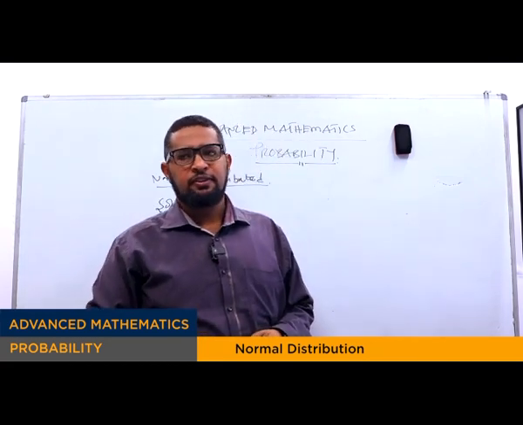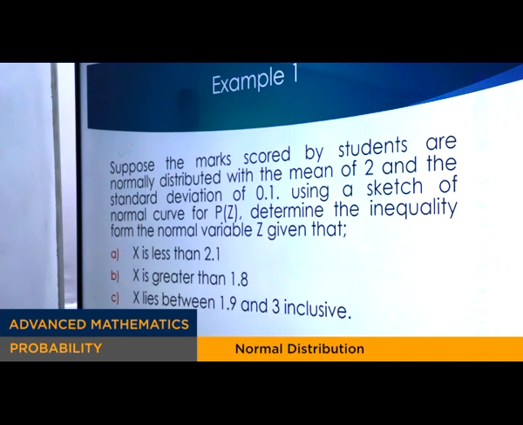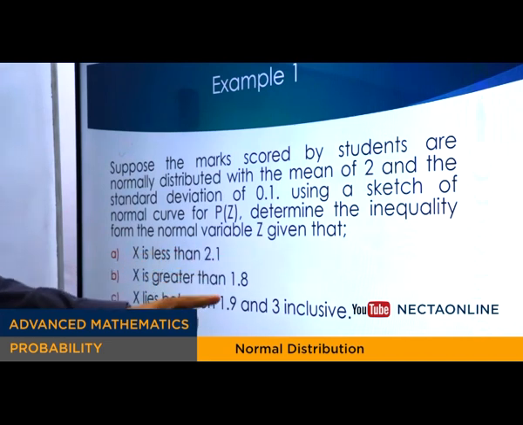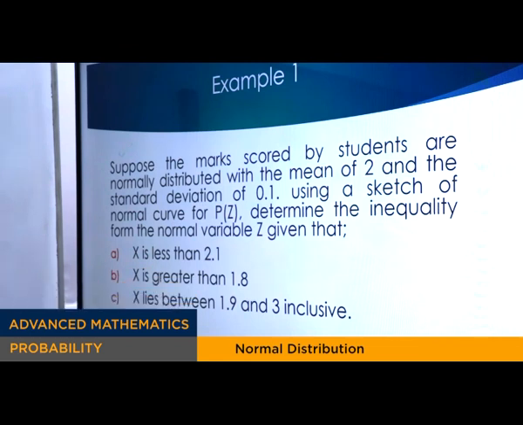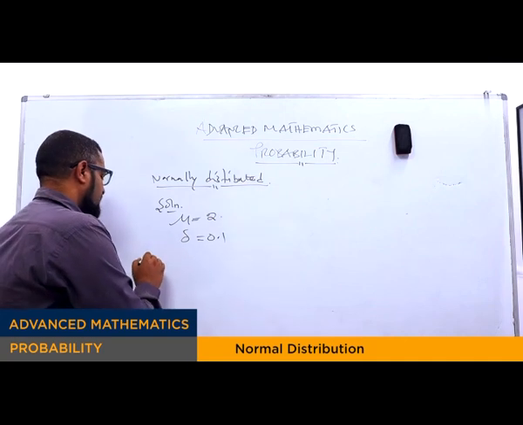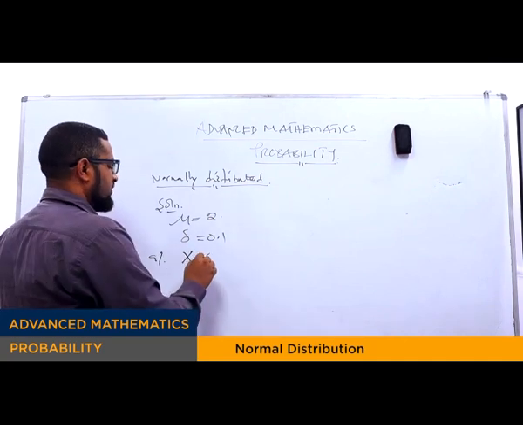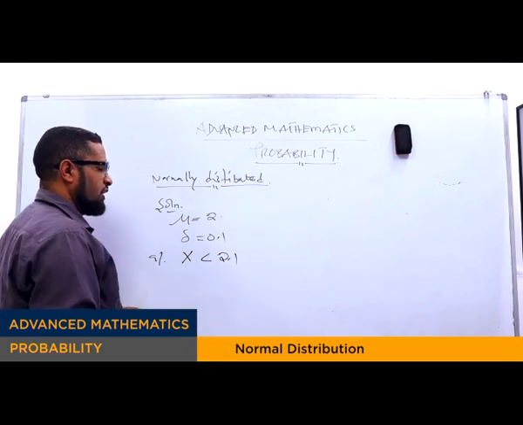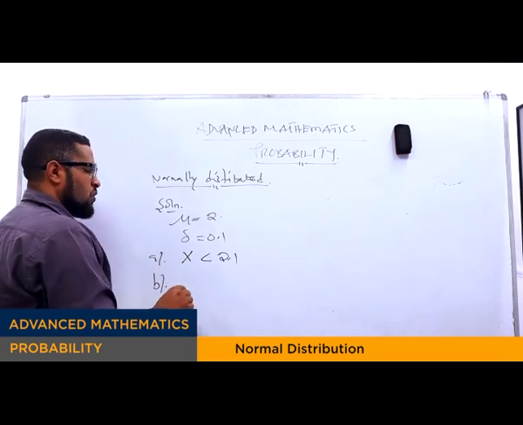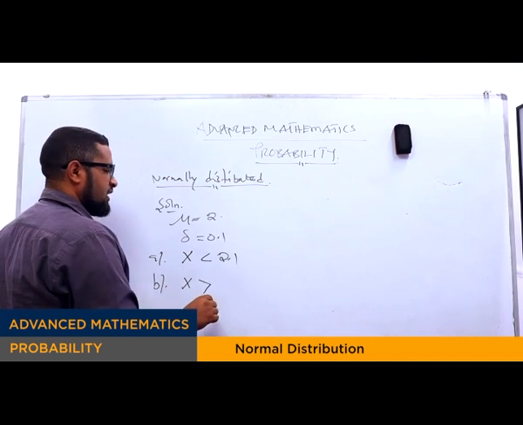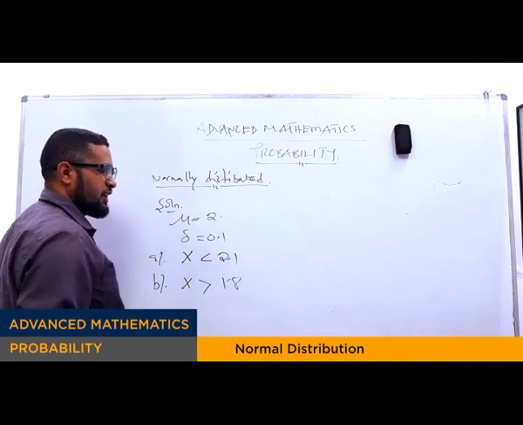Our question is: using a sketch of the normal curve for the probability of z, remember z is the standard z score, determine the inequality for the normal variable z given that. Here we have 3 different questions. Part A, when x is less than 2.1. Part B, when x is greater than 1.8.